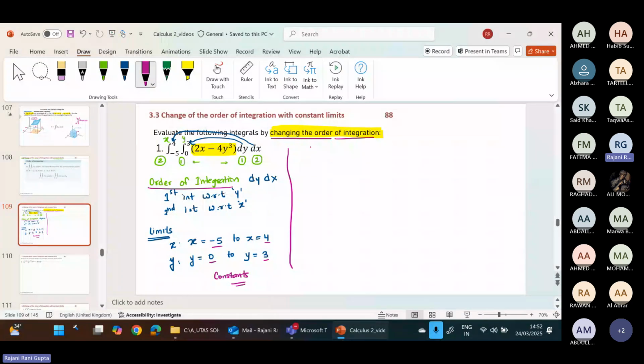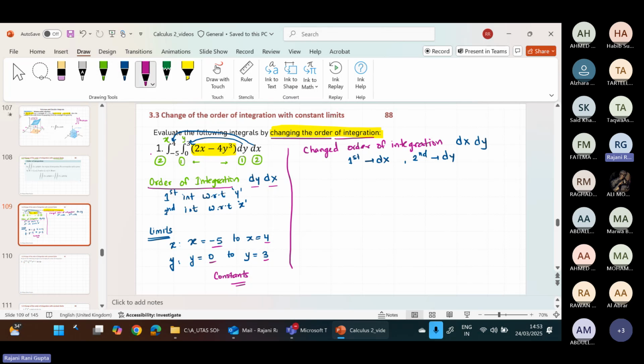The changed order of integration will be, given was dy dx, so it should be dx dy. It means first you should integrate with respect to x, and second time you should integrate with respect to y.